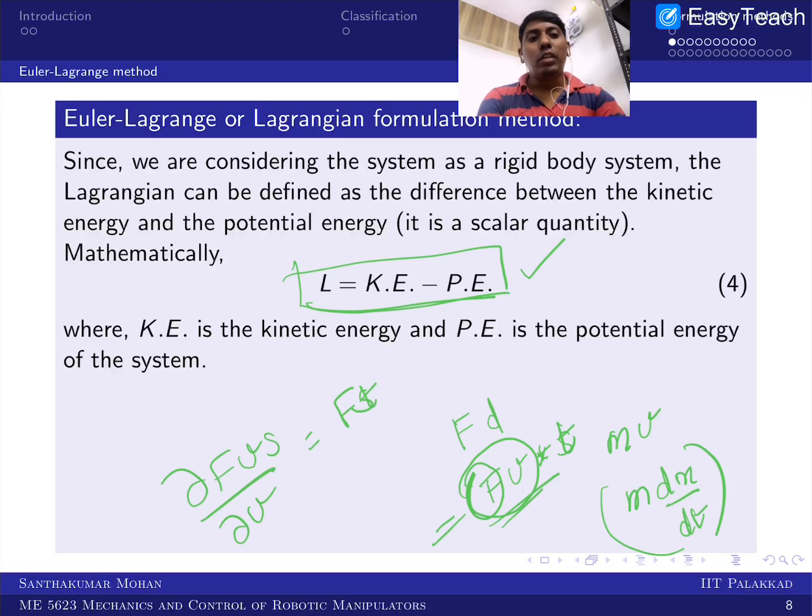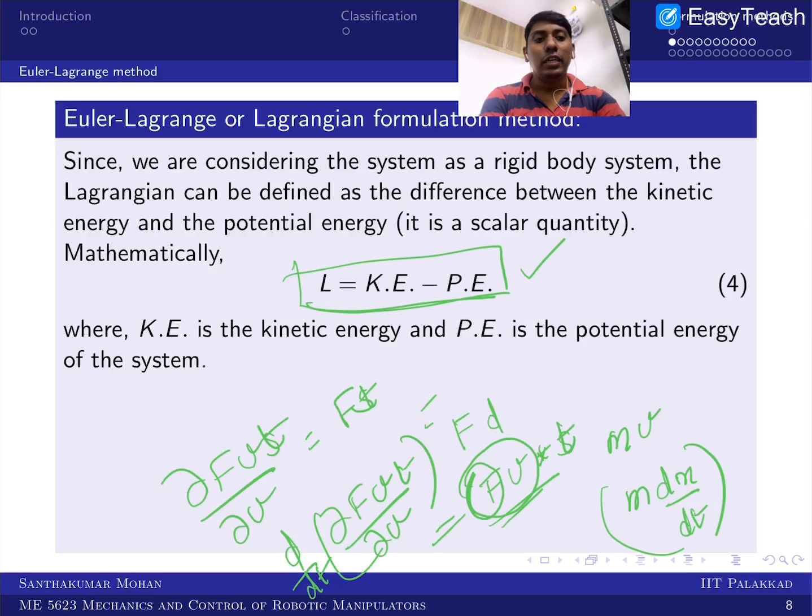So now I'm taking the time derivative of this, what will I get? So if I do this, this will be F t, and this is nothing but F, right? So now in a similar way I can write F into displacement.